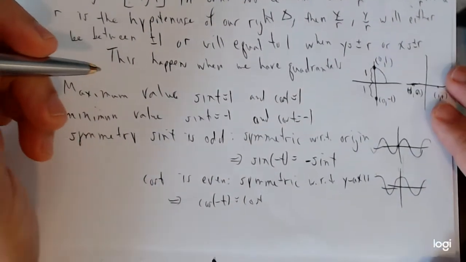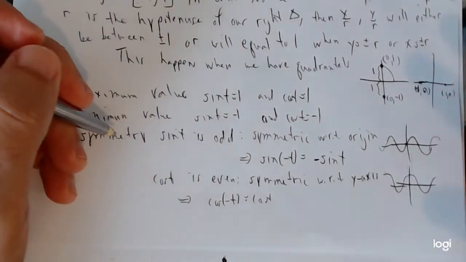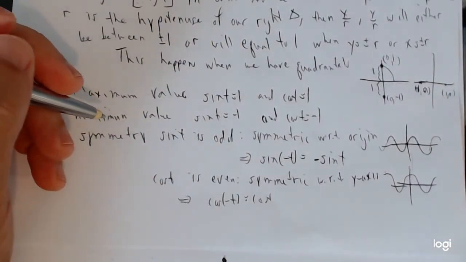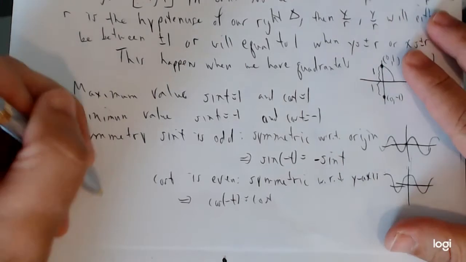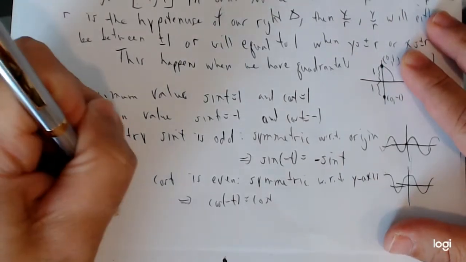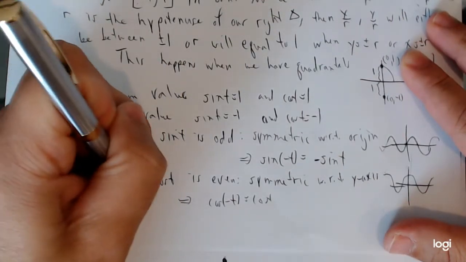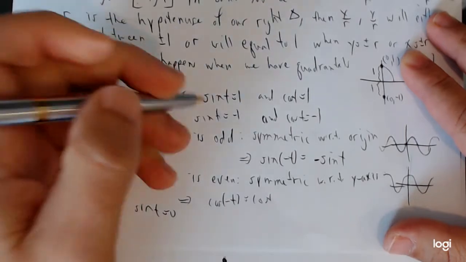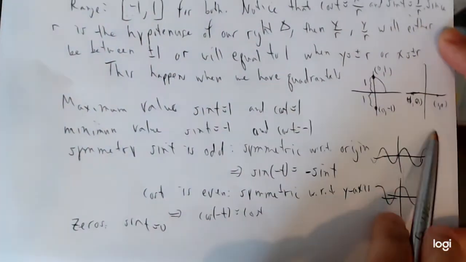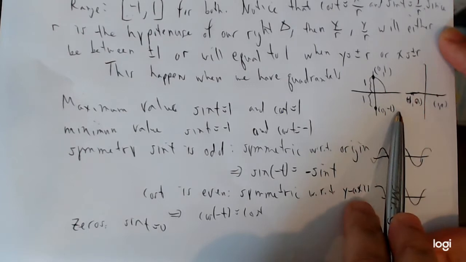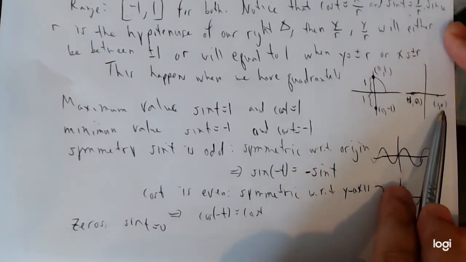Okay, now the next thing I want to talk about is the zeros. So sine of t equals 0 when? If you look at this, sine of t will be 0 when y is 0, because remember, sine is y over r.